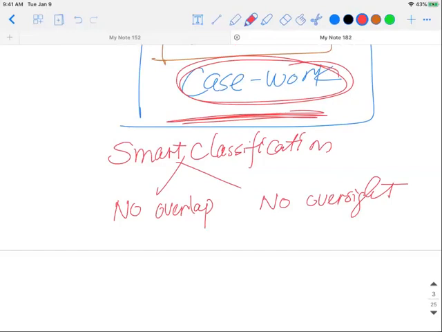So that being said, in the future, whenever we do the casework, we always try to make sure no overlap and no oversight. So don't be panicked. Later, I'm going to give you more examples, then you will get a hang of it, how to make sure your casework can be 100% no overlap and no oversight. All right? I think this is like a basic technology for the enumeration.